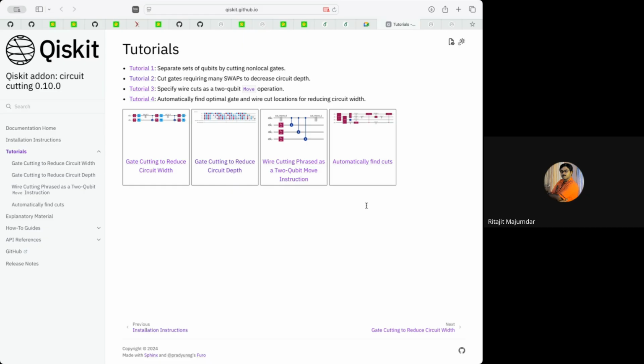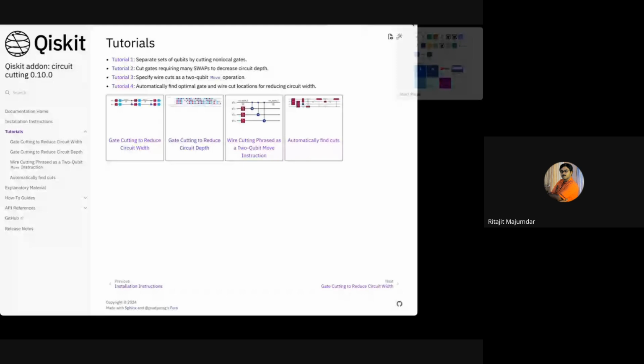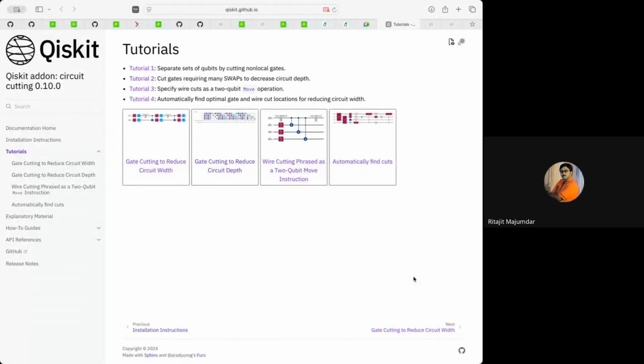For example, for VQE, if you use wire cutting, gate cutting, or circuit cutting in general, you can actually get a much better energy than if you do it uncut, even with measurement error mitigation. There is one paper that shows this. I can share the paper with you, I'll find it and share it.